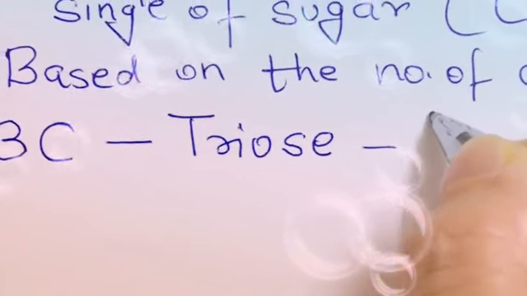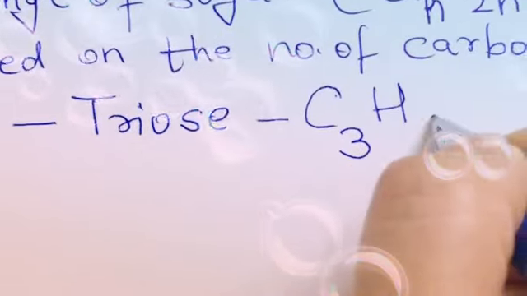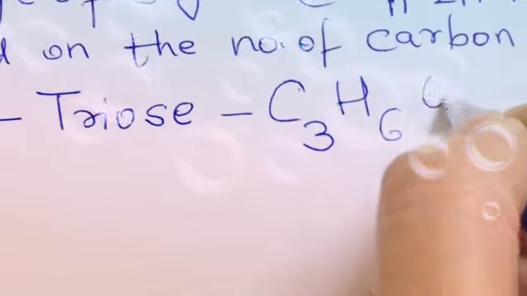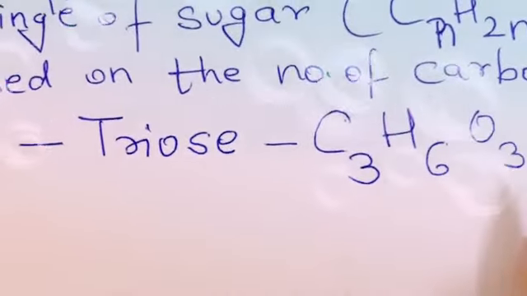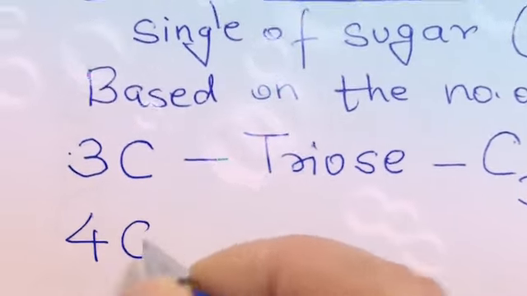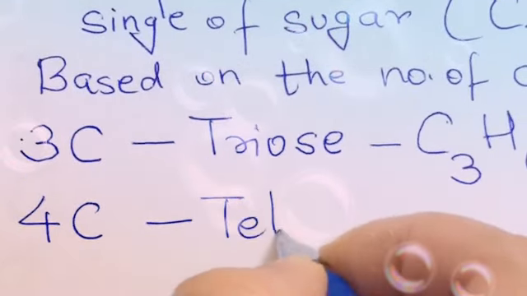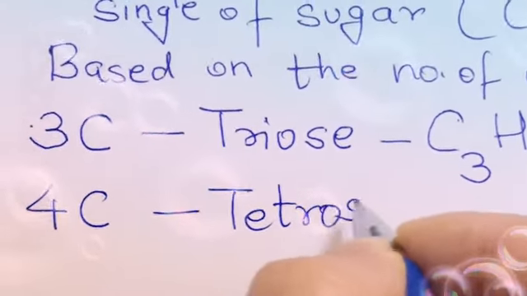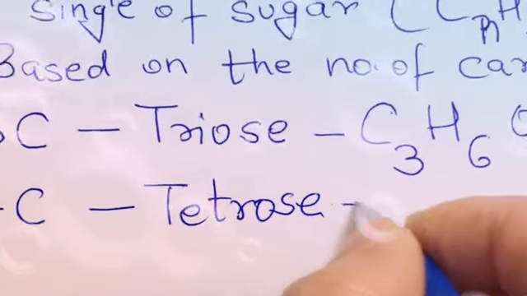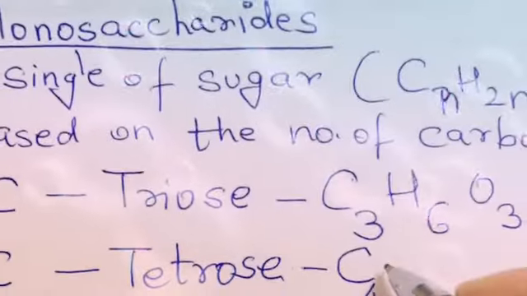So now the formula will be C3H6O3. In the same manner, if it has 4 carbon atoms, it's called tetrose. And based on the number of carbon atoms, we can write the chemical formula.